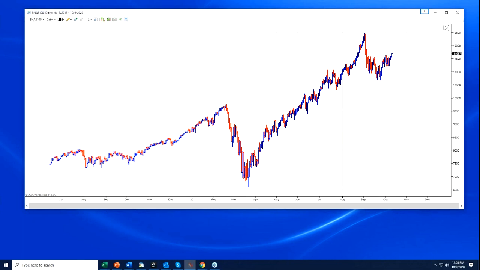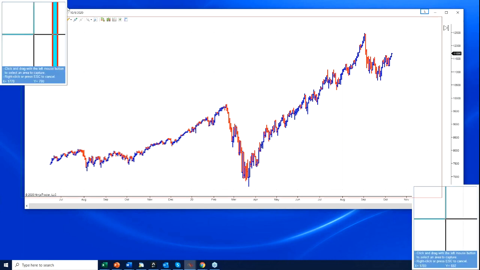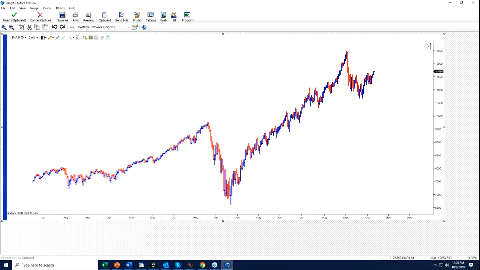At every juncture along this trend, the price action has told us what's going on here. You start with the key reversal down here: made a new low, close on the high, made a new low, close on the high, made a new low, close on the high, made a new low.